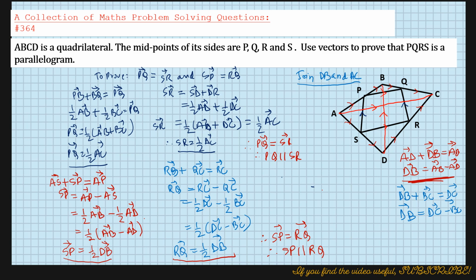So SP is parallel to RQ and PQ is parallel to SR, and we have proved that PQRS is a parallelogram. Okay, so that's the proof.